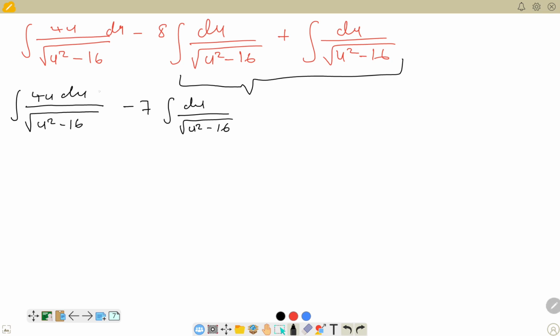So we can see that this now is an integration that we are familiar with, and instead of taking out 4, we can take out 2, so that we are left with 2u.